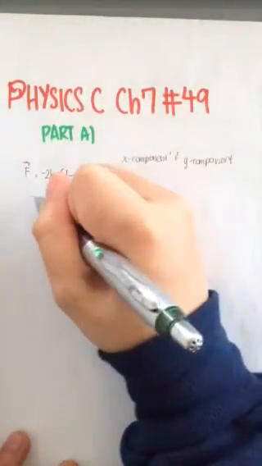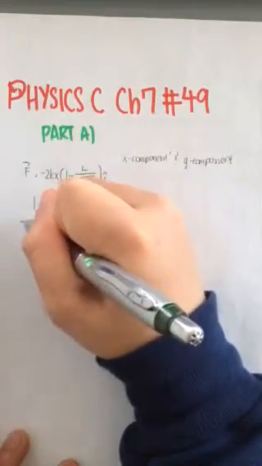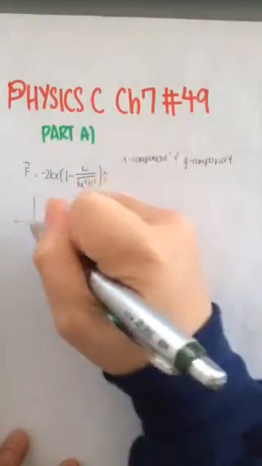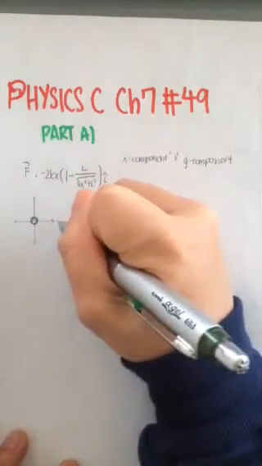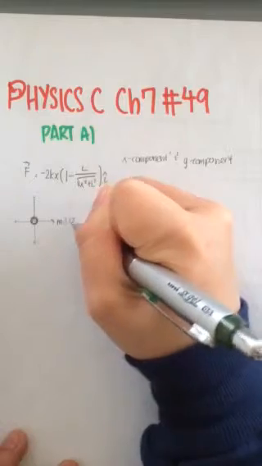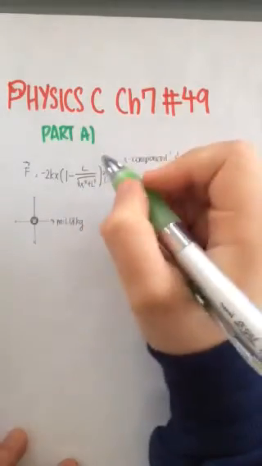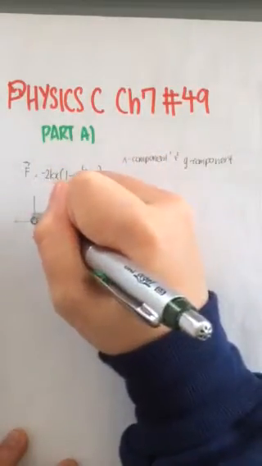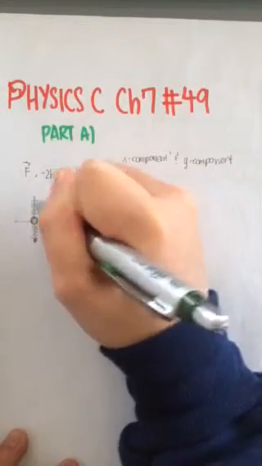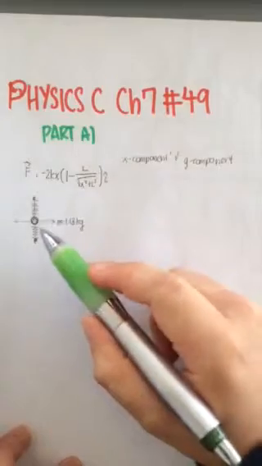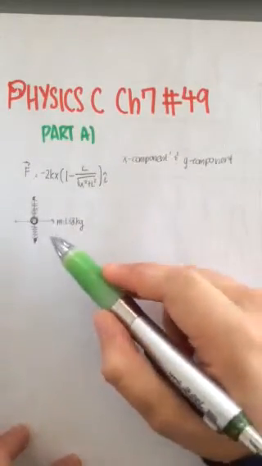If this was on an xy coordinate, this is our little mass m, mass equals 1.18 kilograms, and we have two springs. One goes this way and one goes this way. The points where the springs start are both fixed, so they're not going to move.